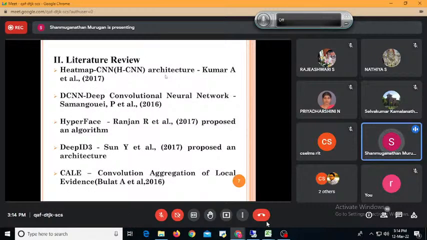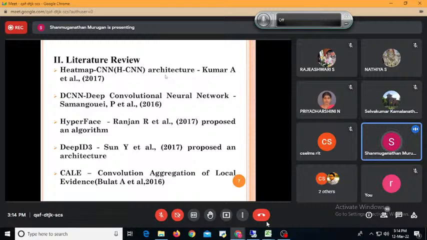Again, after that, the CNN architecture was developed by Kumar et al. These are the new researchers, 2017. Again, deep convolutional neural networks are also giving appreciably good performance. And the HyperFace DeepID3 algorithm was proposed in this architecture by Sun Y et al.